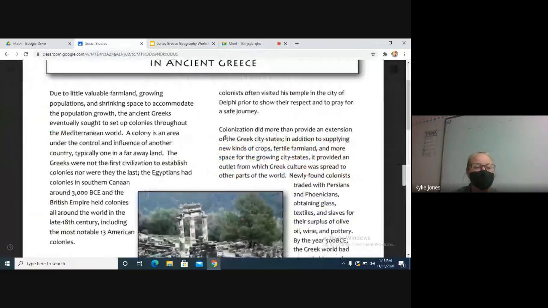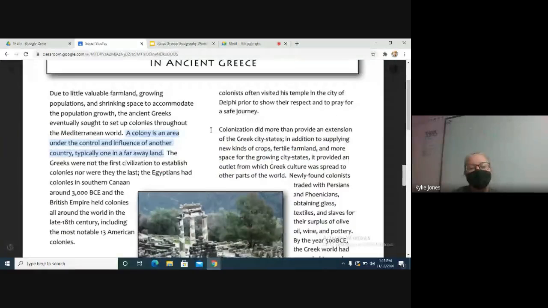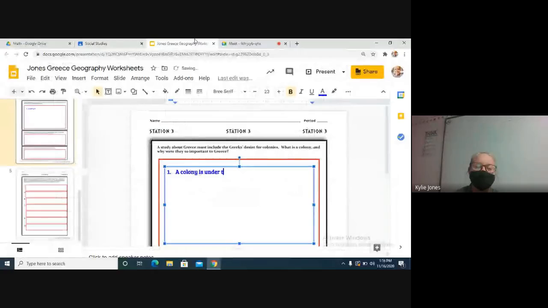Oh my goodness, I see a definition. A colony is an area under control. Good. So honestly, you could copy and paste this sentence over. That is what a colony is. First paragraph. Look at that.